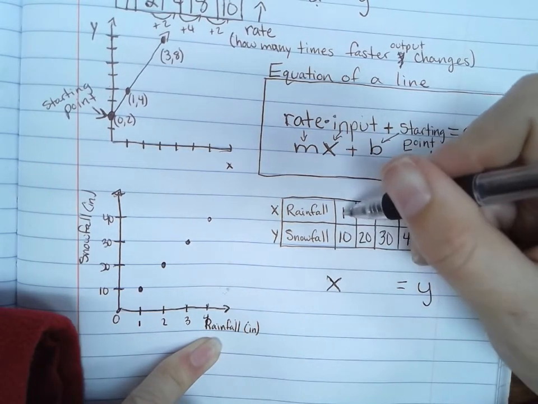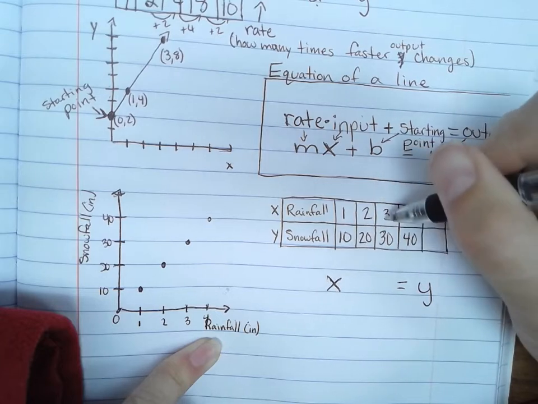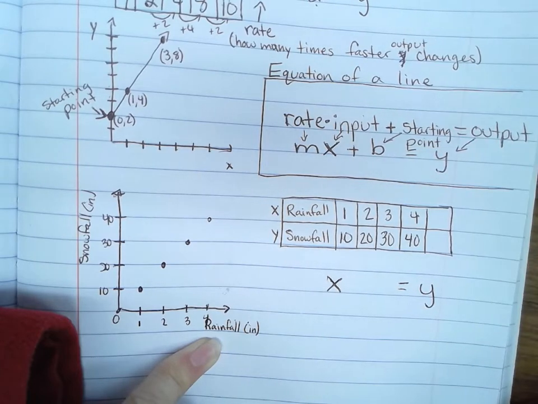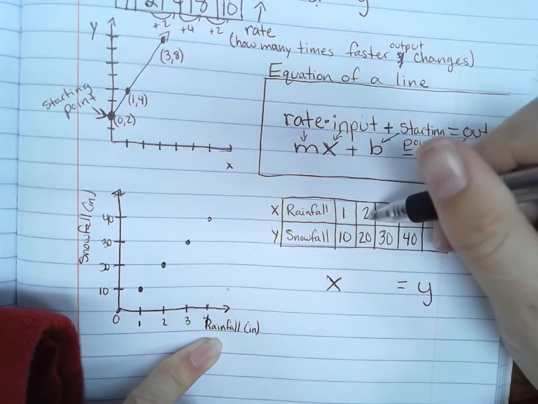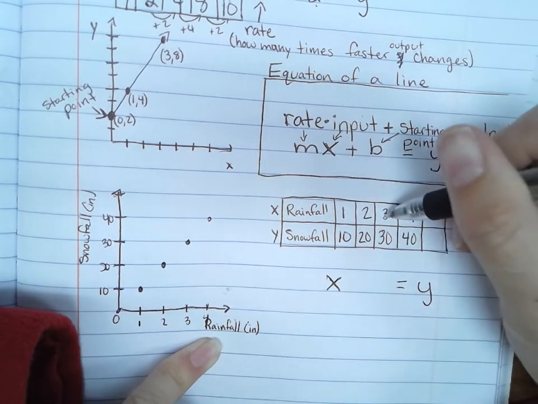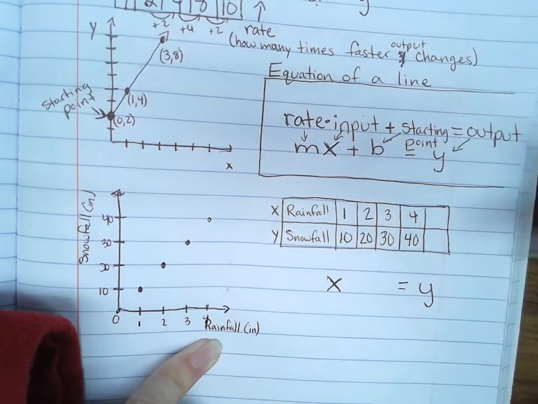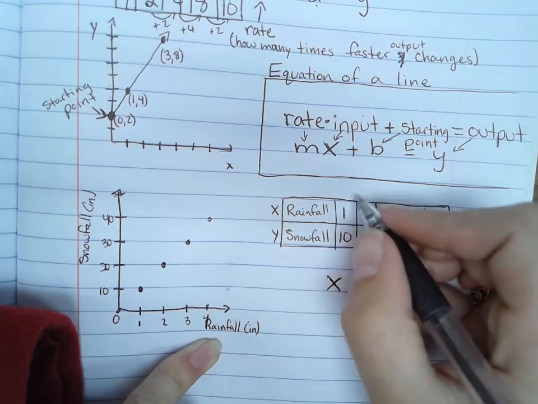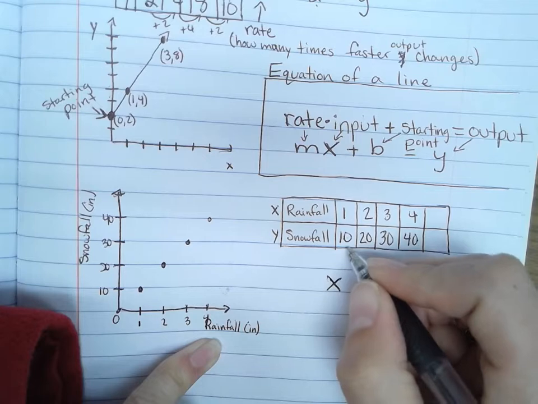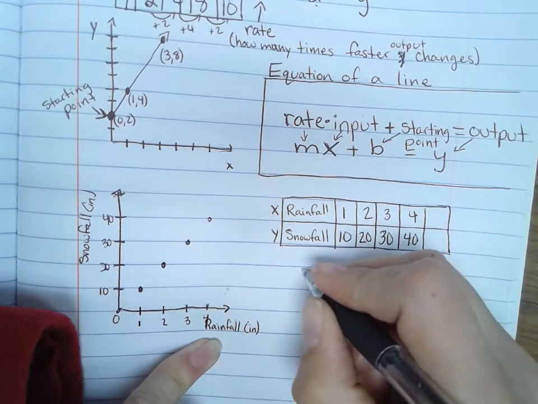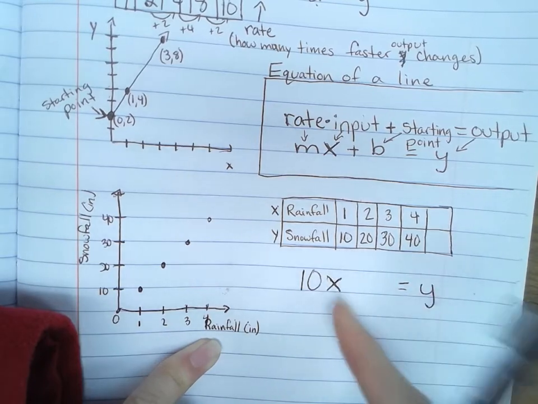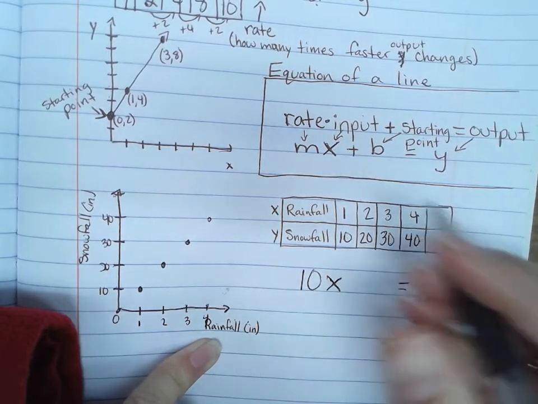Okay, I could add 9, but adding 9 doesn't work here, so it's not just adding something. 1 times 10 gives me 10. 2 times 10 gives me 20. 3 times 10 gives me 30, and 4 times 10 gives me 40. So I could do it this way as well. I could see that this went up 1, this went up 10, this went up 1, this went up 10. So I can do 10 times x to get y.